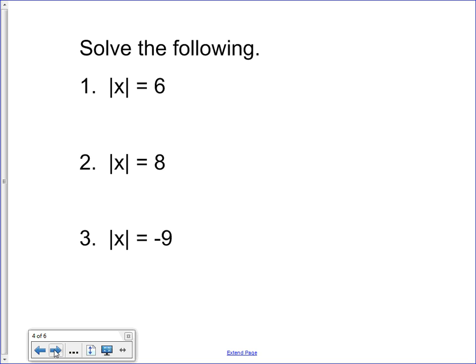So what we're looking at, this question is asking us, what number, this x, what number is 6 away from 0? Well, we have to think about both sides of 0. So on one side of 0, if we're thinking on a number line, here's 0.